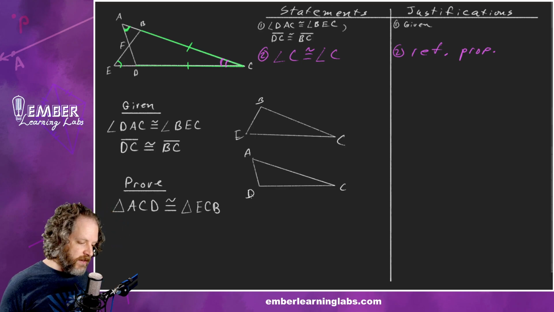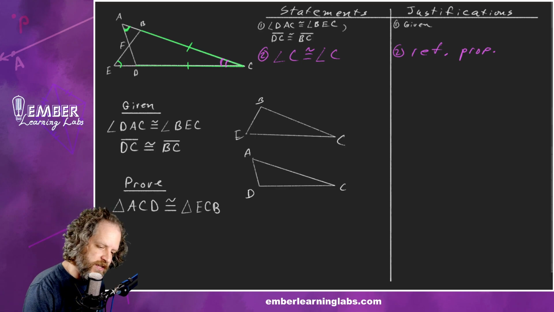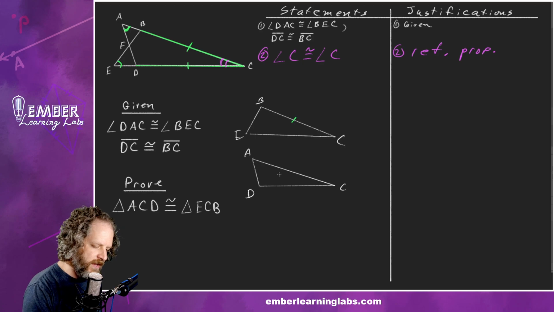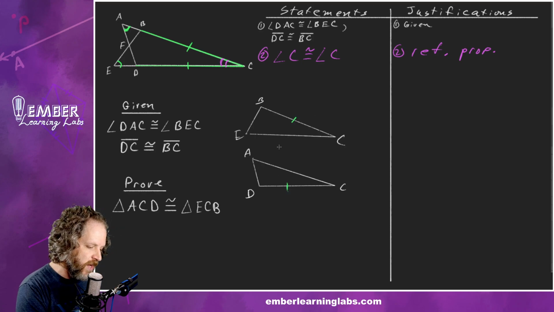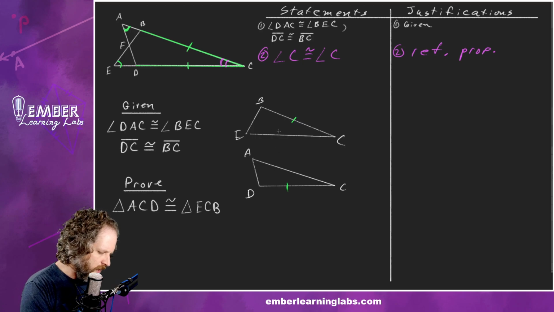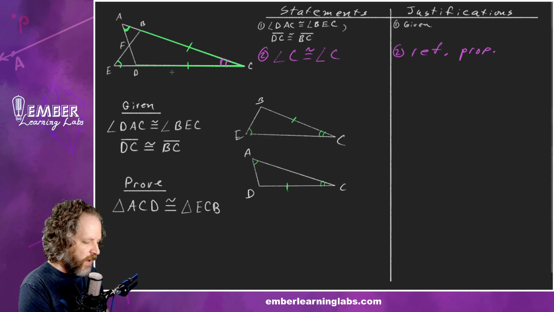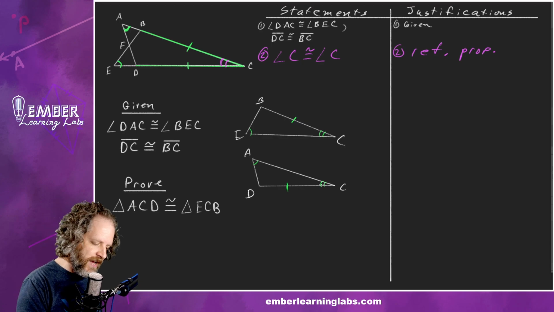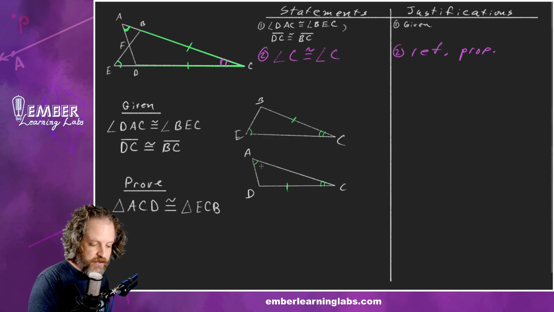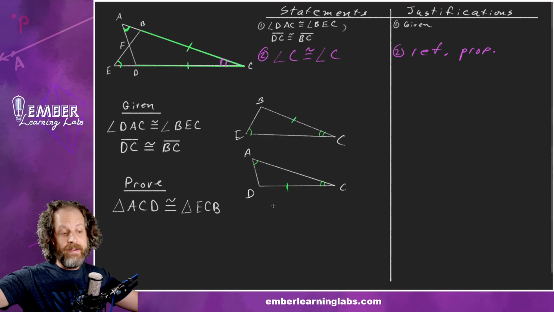What we know about these two guys is that this guy is congruent to that guy, right? That's those little bits. We also know that this angle is congruent to that angle, right? That's these bits right there. And now we know that this angle is congruent to that angle. It's hard to see when this is all jumbled up, but this side is actually not in between, but we do have angle, side, so we're done.